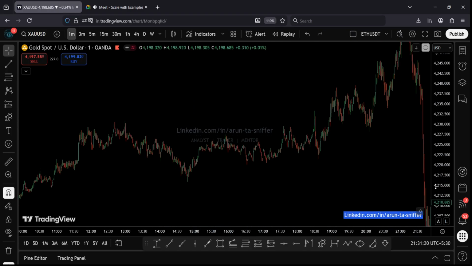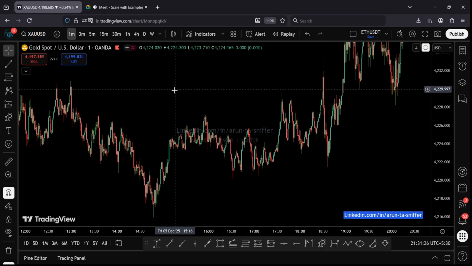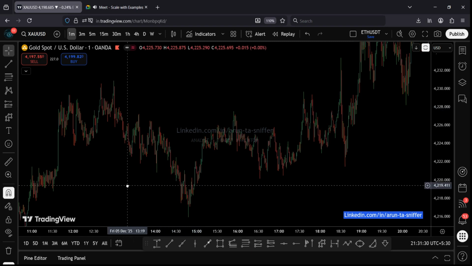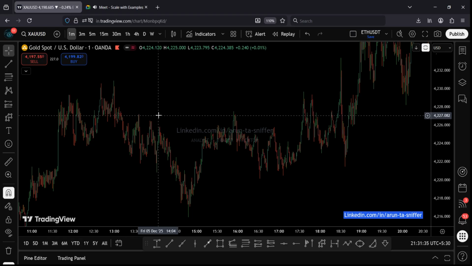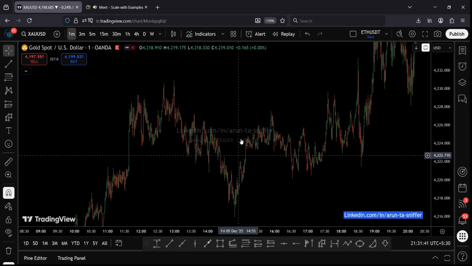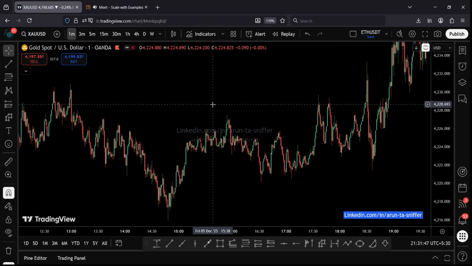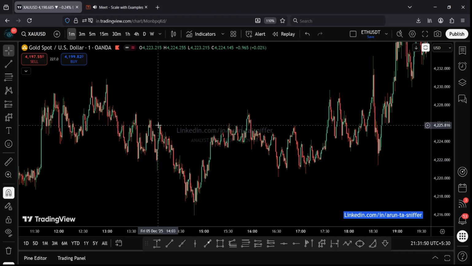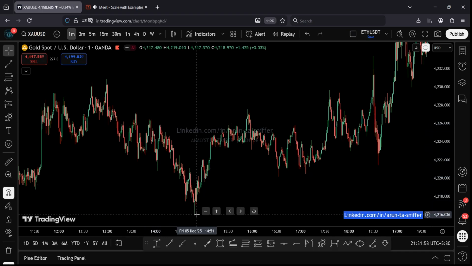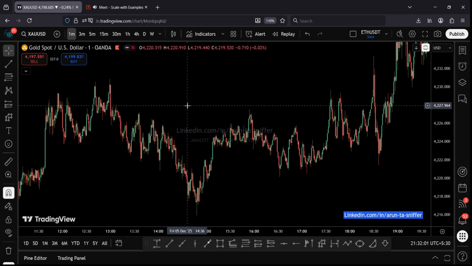So let's look for some examples here. Okay, yes, we can see some examples here. So this is high, this is low, this is high, this is lower low, and this is high. Okay, so what is happening here?